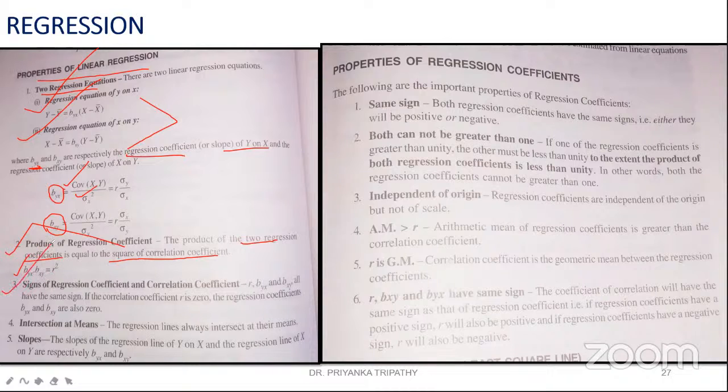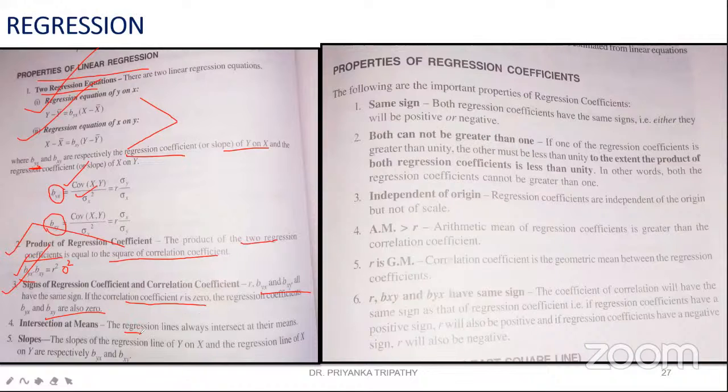Now, signs of regression coefficients and correlation coefficient. byx and bxy will all have the same sign. If the correlation coefficient is 0, the regression coefficients are also 0. Understood? If r is 0, r square will be 0, and then by default byx and bxy will be 0.